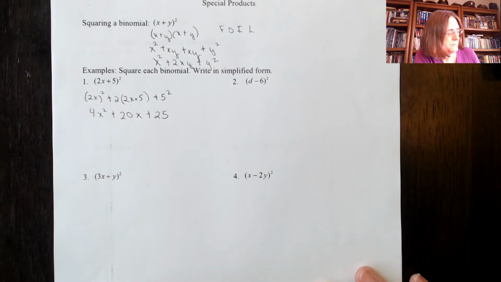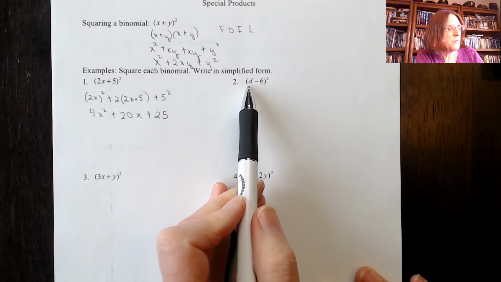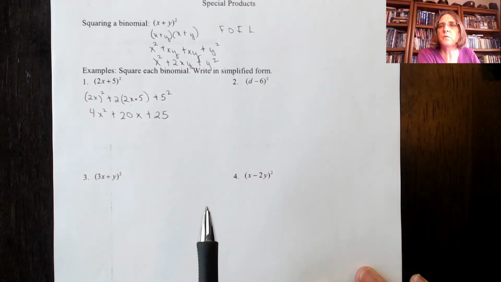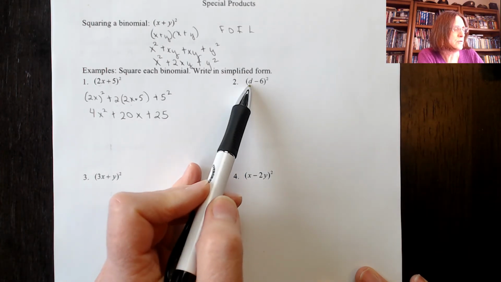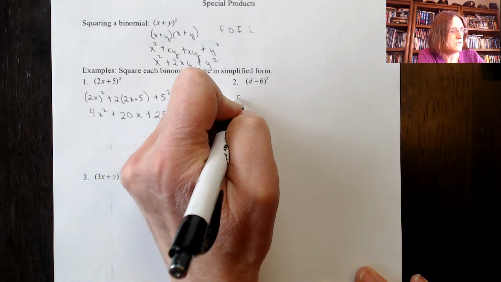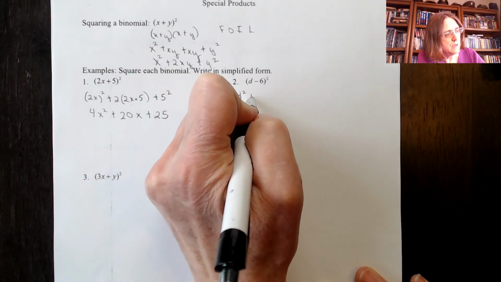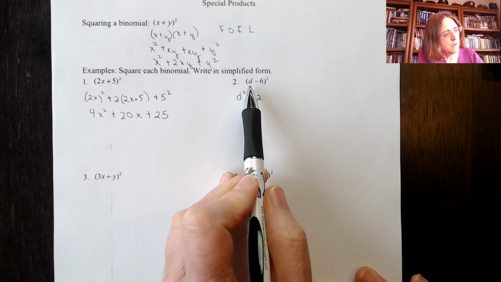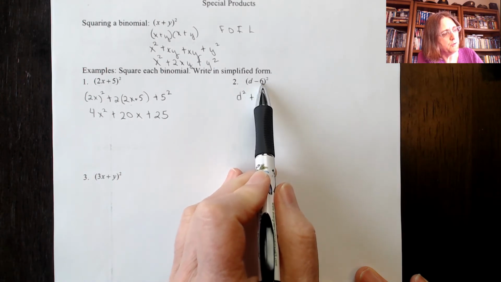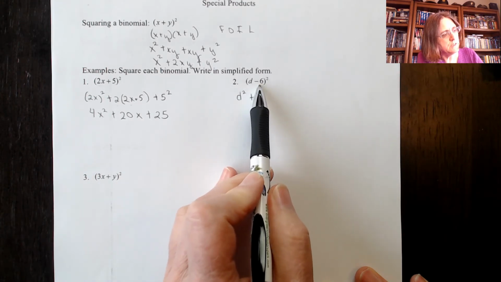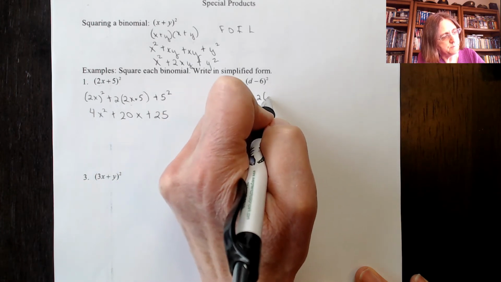Let's try that again. This time we're going to square the binomial d minus 6 squared. So again, start with our first term. We're going to square it. So we have d squared. Then we're going to have 2 of our middle term, our two terms of our binomial multiplied together. So d times negative 6.